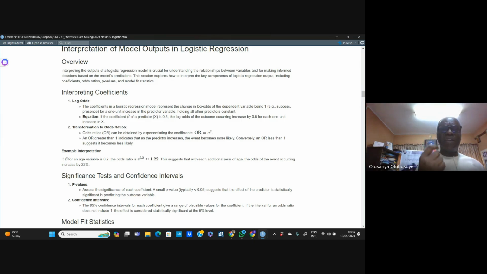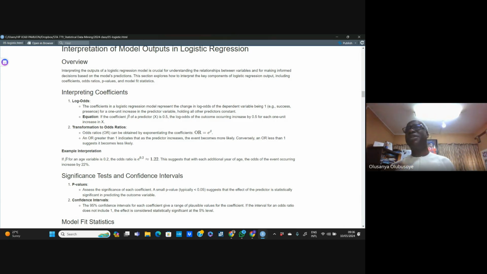So if, for instance, you get a coefficient for beta 1, and the coefficient is positive, then you can only say that that coefficient represents the rate of change in the logit for every unit change in the variable that is attached to it.